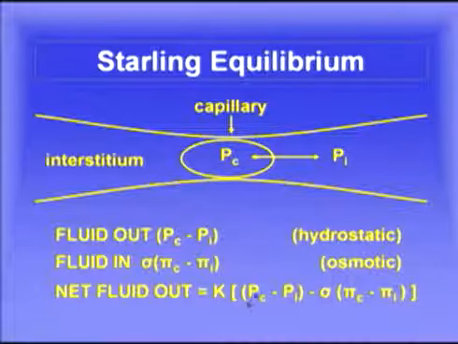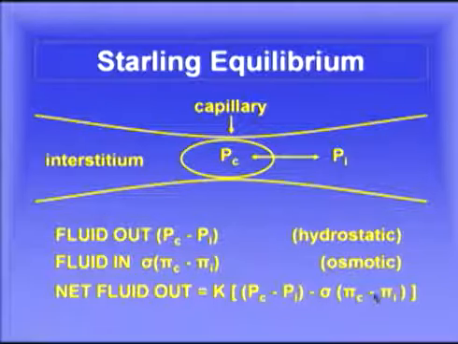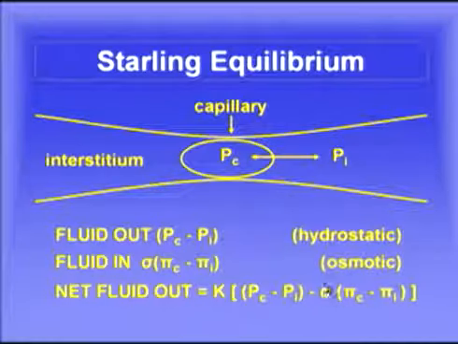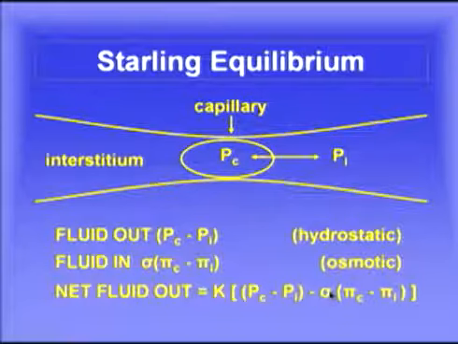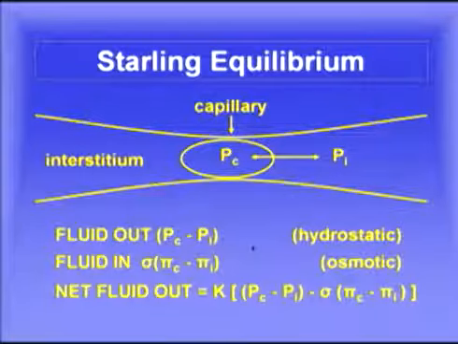So the complete equation is shown down here. It's the forces tending to move the fluid out minus the forces tending to move the fluid in, but we have an indication here of the reflection coefficient, and then the constant here is called the filtration coefficient. Now that's a very important equation in principle.